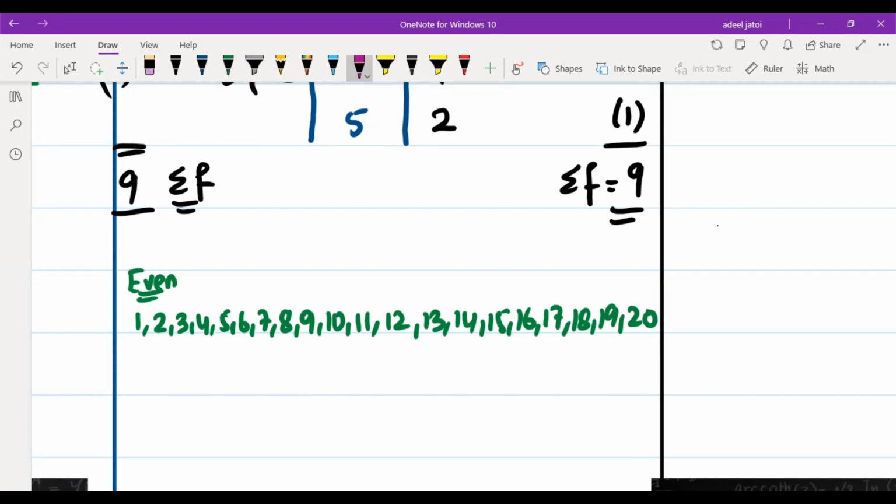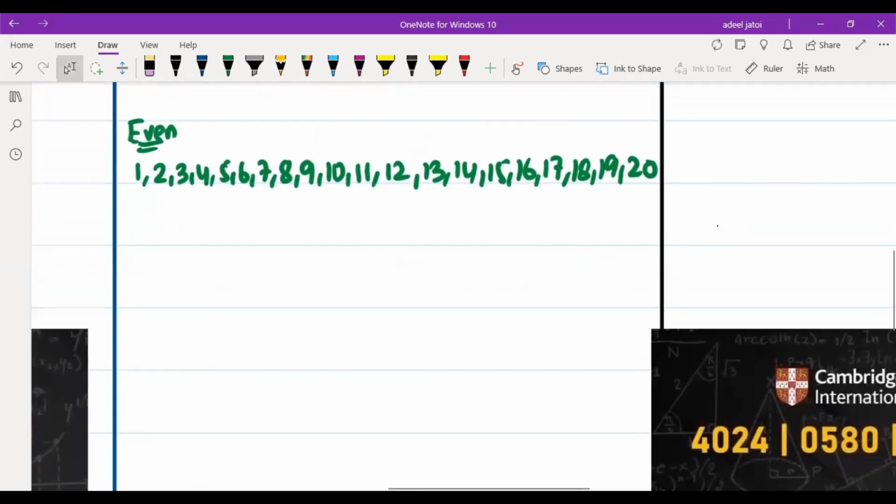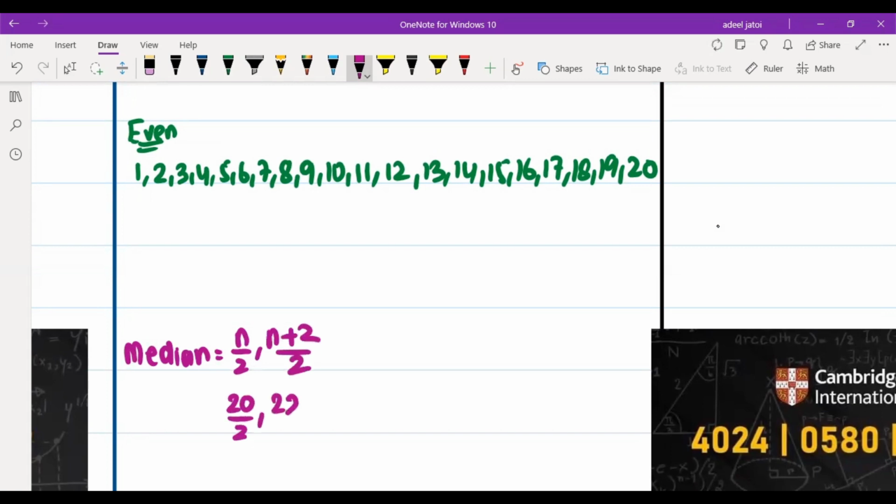To calculate the median of this, your median would be the n upon 2 and n plus 2 upon 2, that is 20 upon 2 and 22 upon 2, which are the 10th and 11th terms. That means these two numbers would be the median. If you see, there are 9 numbers before 10 and 9 numbers after 11.